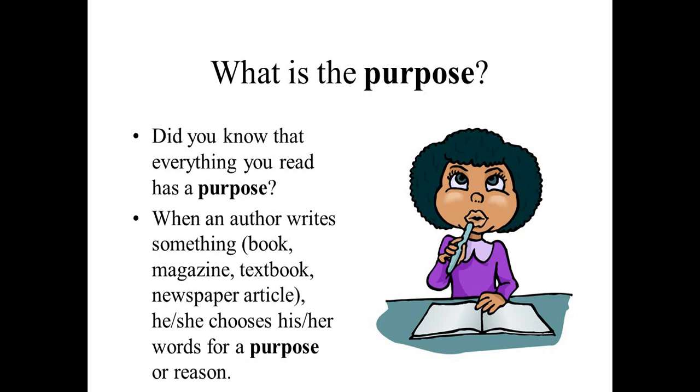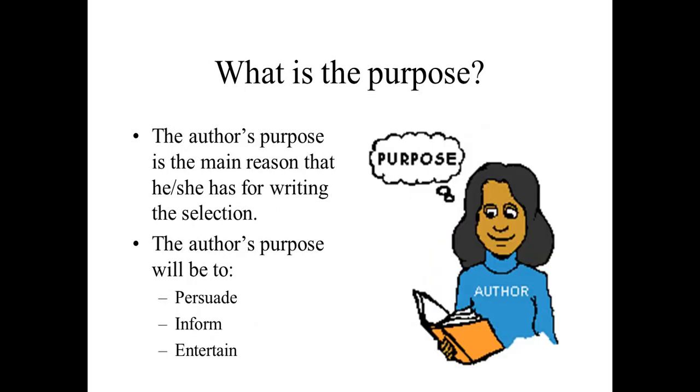So when an author writes something, a magazine article, a novel, a story, a newspaper article, he or she decides what their purpose or their reason is for writing. This purpose is the reason why they're writing the text. And we have three main author's purposes: persuade, inform, and entertain.